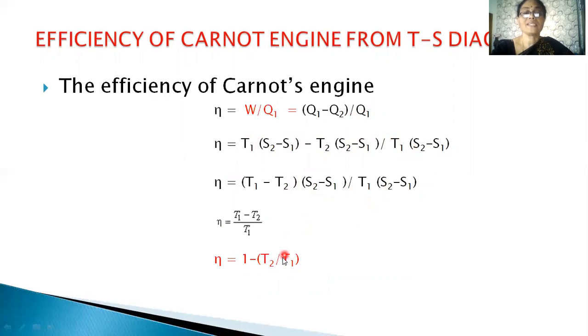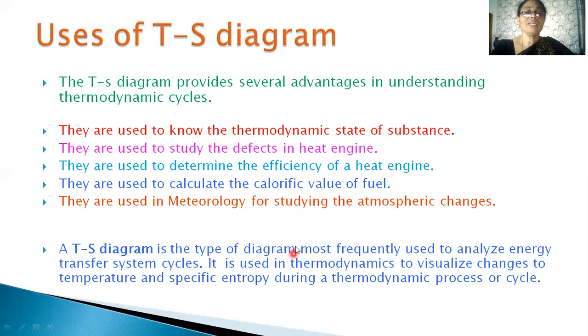On simplifying this, we get eta is equal to 1 minus T2 by T1, which is similar to the expression we obtained for the work done by the Carnot engine, that is the Carnot cycle. Eta is equal to 1 minus T2 by T1. So that is the efficiency of the heat engine.